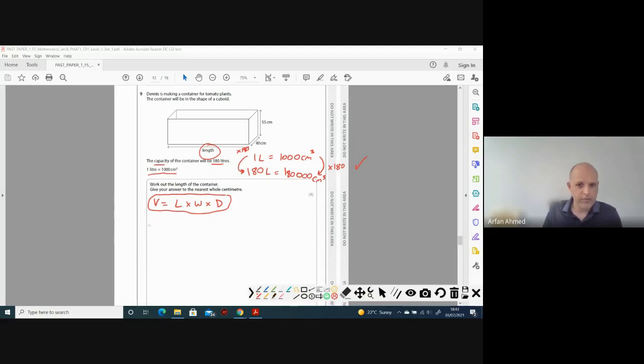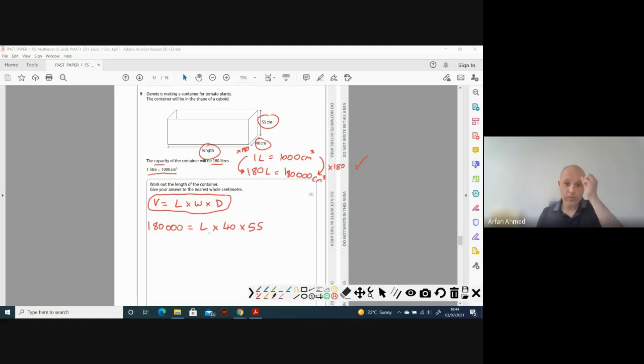Underneath volume, that's going to be 180,000. That's equal to the length, which we don't know, times the width. Let's call the width 40, and the depth, the other one, 55. So something times 40 times 55 gives us that 180,000. What is that something?